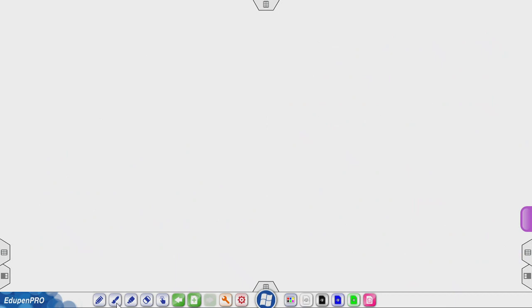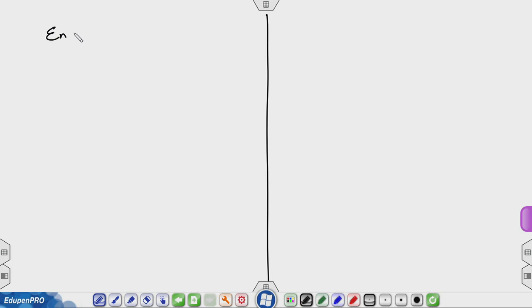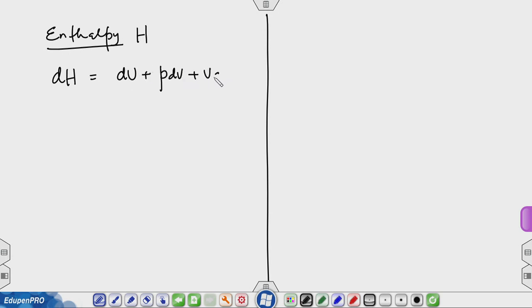So, for enthalpy H, I have dH, which is dU plus P dV plus V dP, which comes out to be T dS plus V dP.